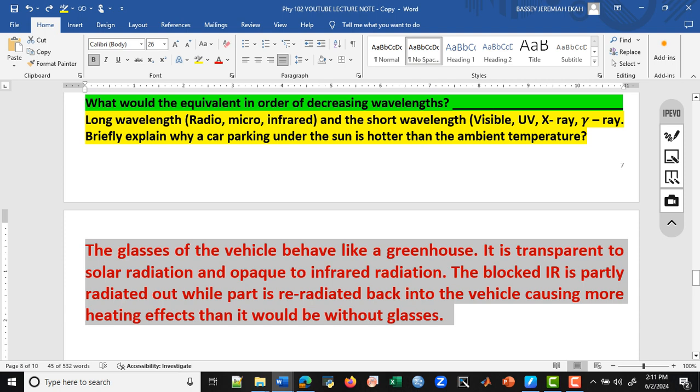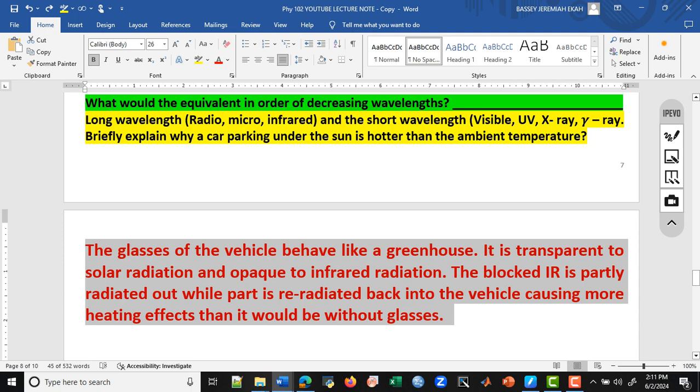It is transparent to solar radiation and opaque to infrared radiation. The blocked infrared is partly radiated out, while part is re-radiated back into the vehicle, causing more heating effect than it would be without glasses.